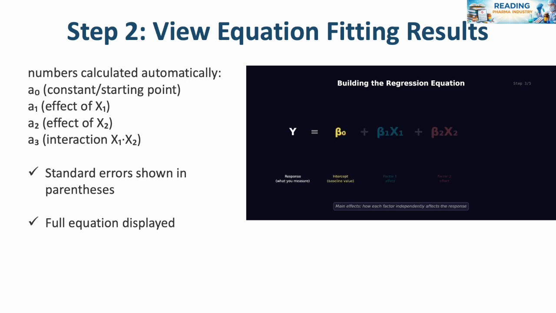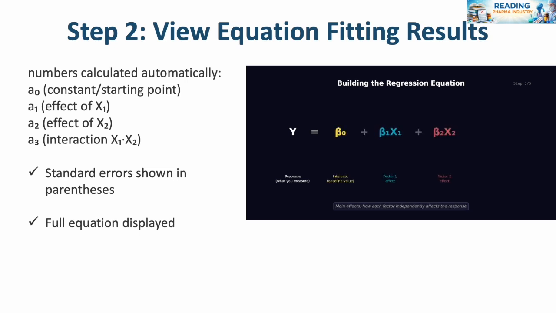In some references they put them as beta 0, beta 1, beta 2 and so on. The idea is that beta 0 or the A0 represents the intercept value, or sometimes you call it the starting point.